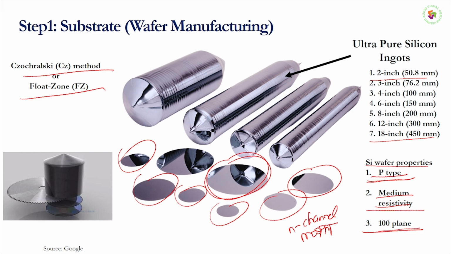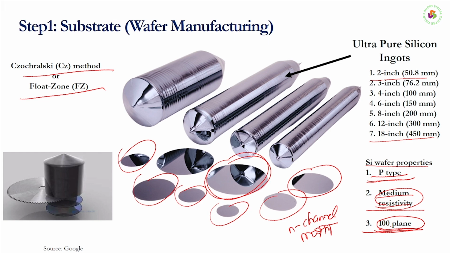You know p-type silicon has majority carriers as holes, minority carriers as electrons. And coming to this 100 plane, it is a plane where your electronic devices are fabricated.